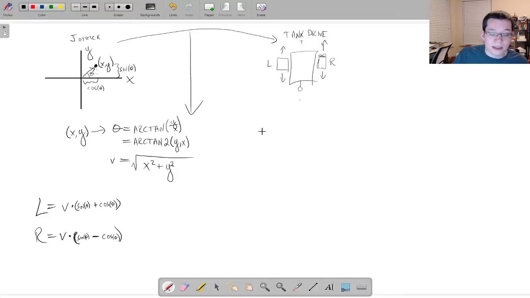So ultimately, if we have joystick in, I'll use Python syntax for now, def joy_to_tank of x, y.